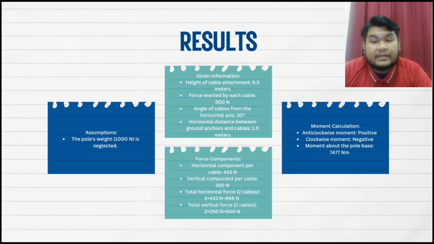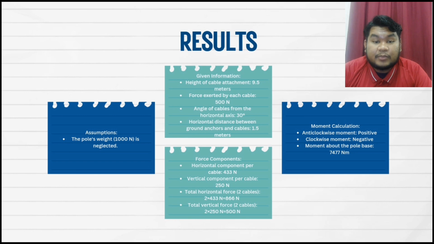Third, we'll be looking at the force components. Firstly, we have horizontal components per cable. After doing the summation of forces for the horizontal components, we found out that each cable has 433 newtons.